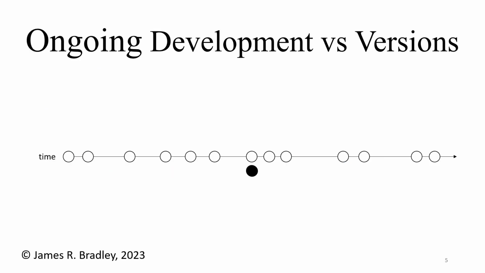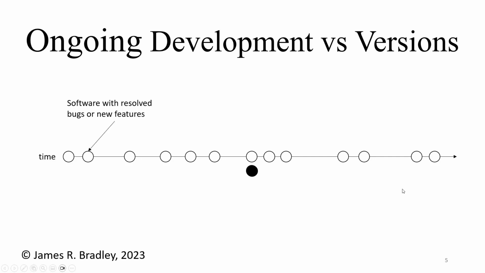There's a distinction between ongoing development versus version releases, and I've tried to illustrate that on this slide. First of all, time is moving forward, going to the right as is conventionally represented.